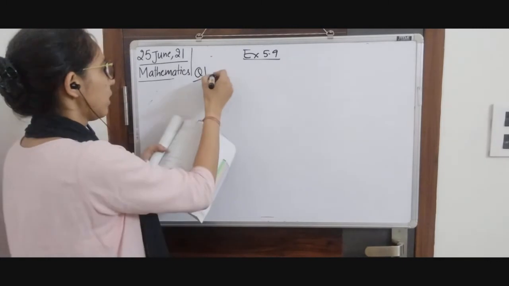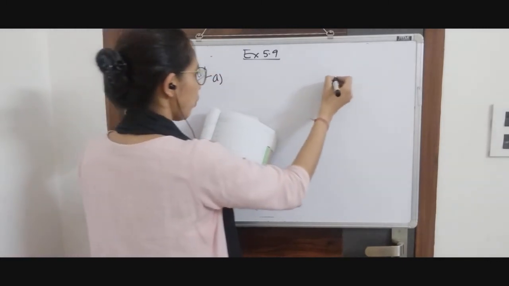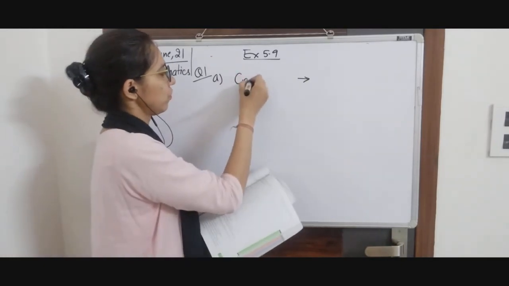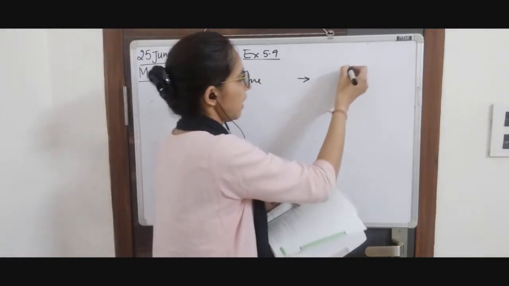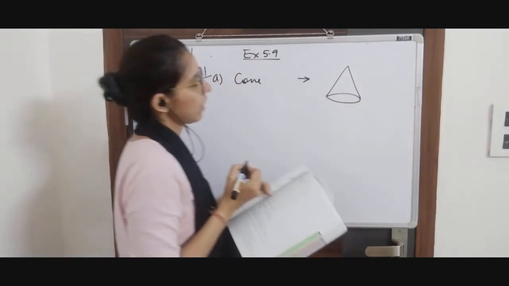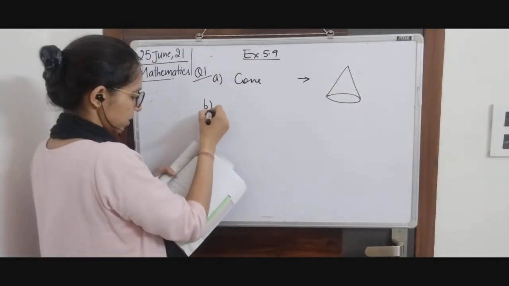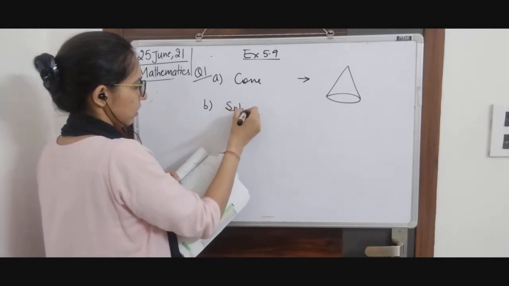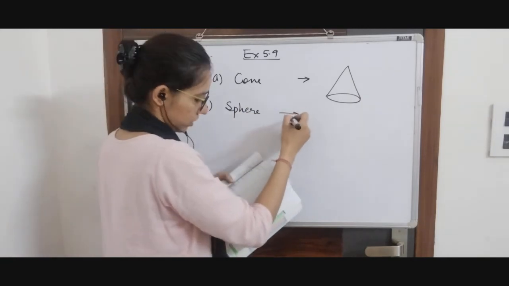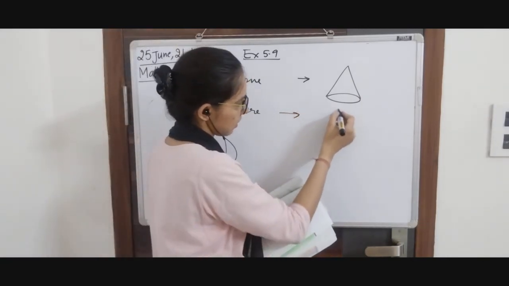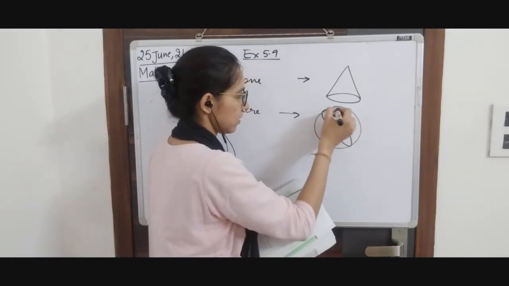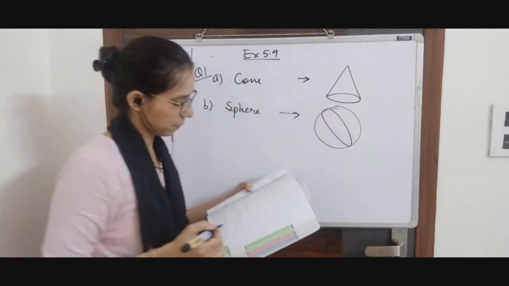I am just writing the name and then drawing its figure, the corresponding figure. You will match by yourself. Cone. Your cone is like this. Triangle with a circular base. Then your sphere. Sphere is a circle in 3D. It looks like this.